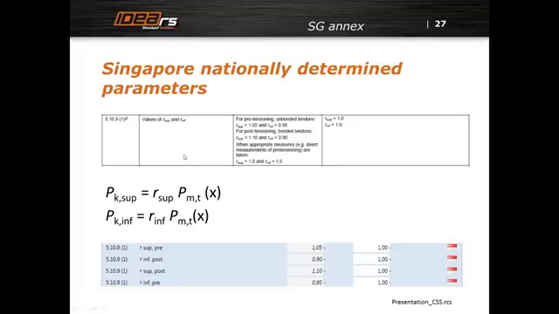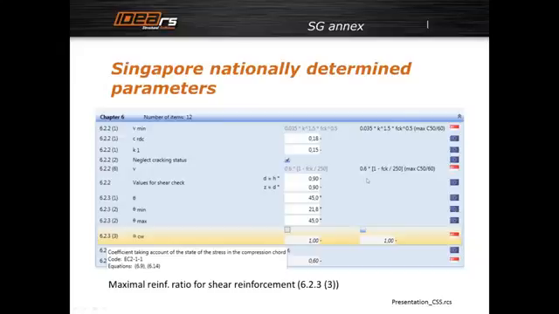Now we go further. Another difference is the coefficient taking account of the state of the stress in the compression chord in shear analysis. This is again a picture from our program. You see these national parameters defined in the settings, and we see that there is a difference also in the maximum reinforcement ratio for shear reinforcement.